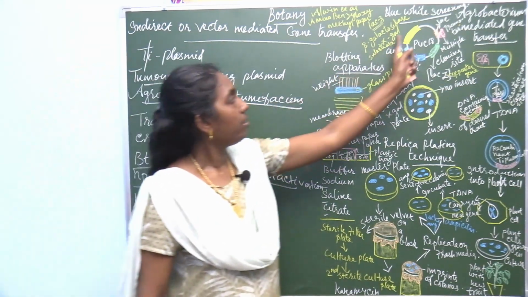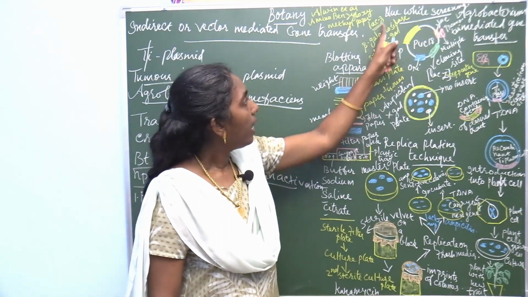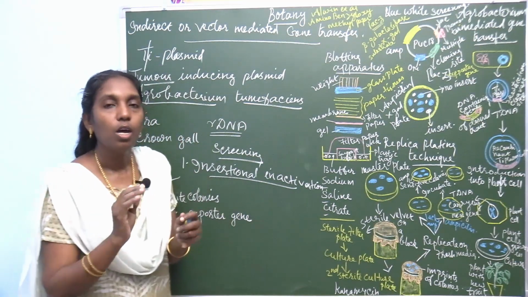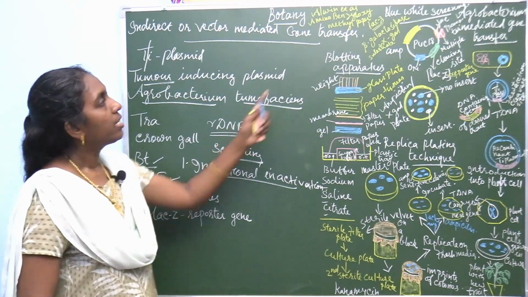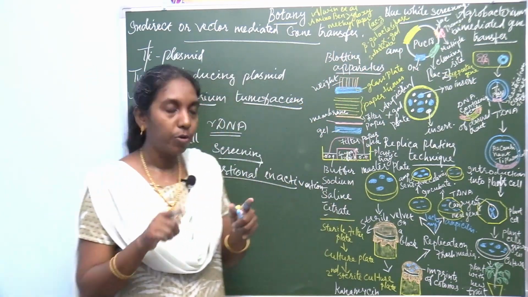Look at this diagram. LAC-Z is the gene which encodes a protein called beta-galactosidase. LAC-Z is a reporter gene.